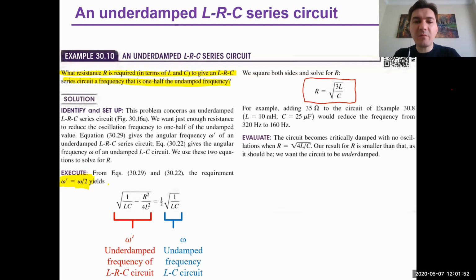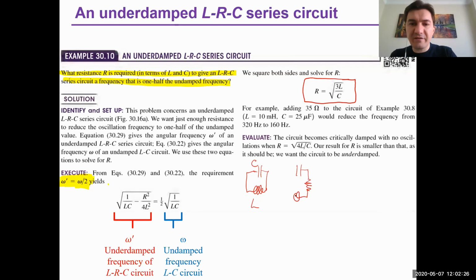Okay, let me summarize the difference between LC and LRC circuits. In LC circuits, we have a capacitor and an inductor here. And in LRC circuits, we have one additional resistor here.